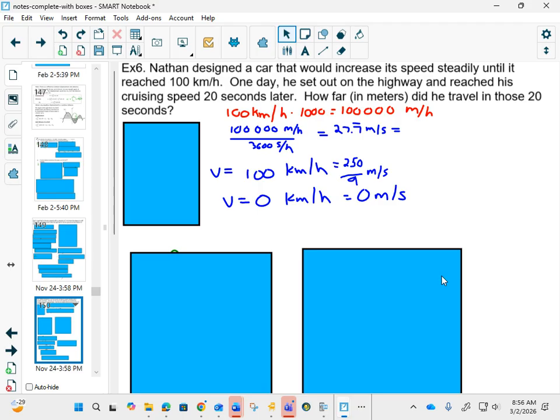We know that our final velocity was 100. Our initial velocity, starting at 0, is really easy to convert: 0 kilometers per hour is exactly equal to 0 meters per second.